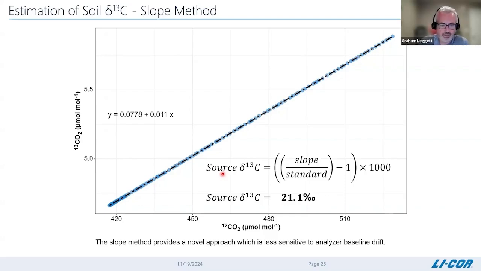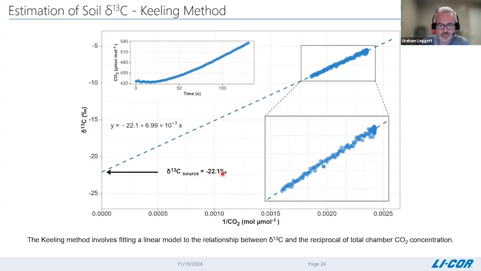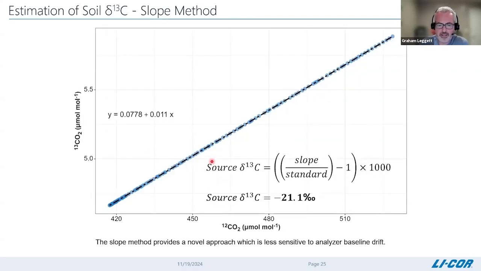And you can see the two values. Using the Keeling method, we've got a value of -22.1, and for the slope method with the same data set, we get a value of -21.1 per mil. So very close, with the slope method preferred in terms of dealing with baseline drift.